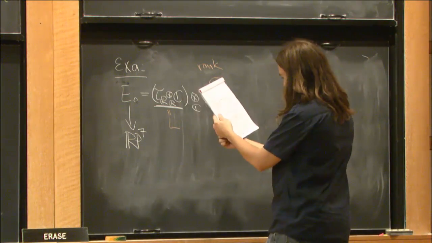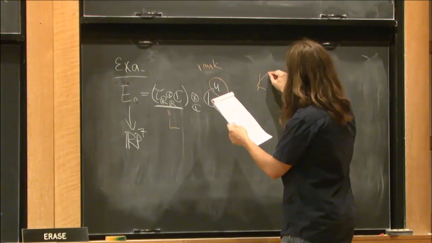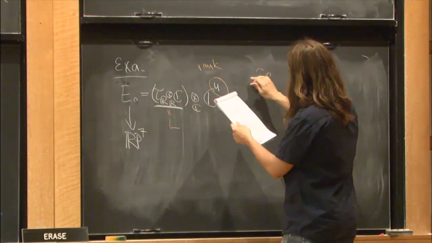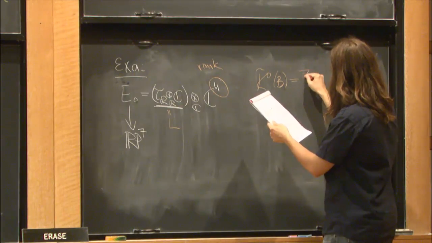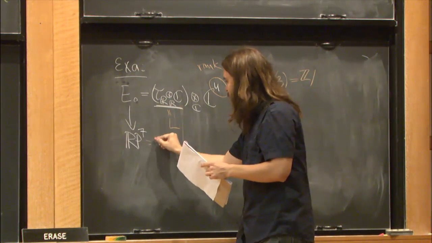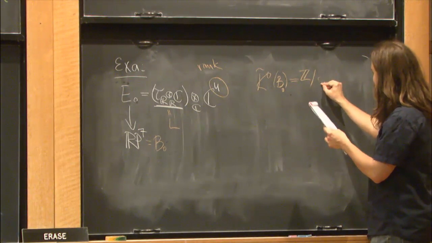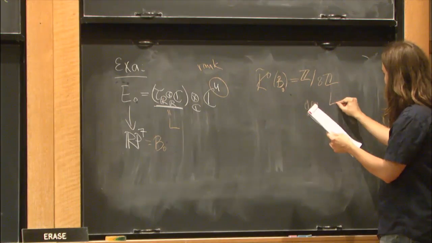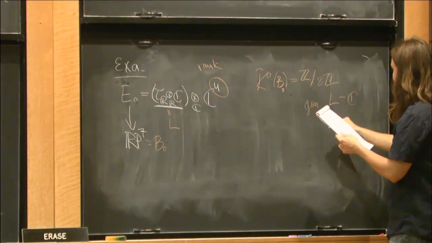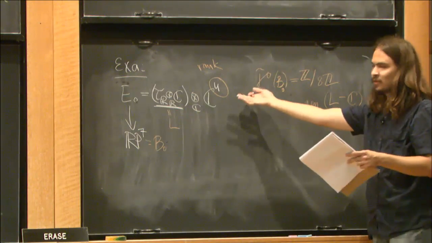So in fact, the reduced K theory in this case, B0, is Z mod 8Z, and the generator is L minus 1 minus C. Okay, so then you immediately see.